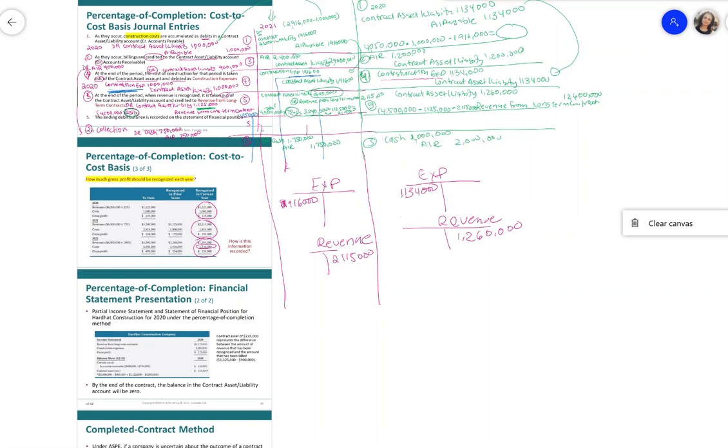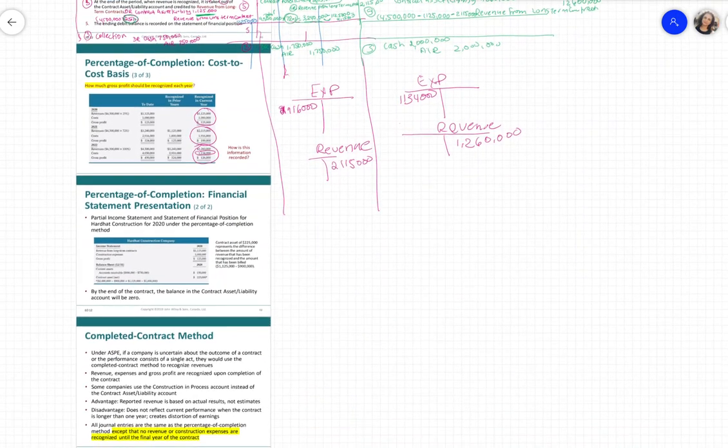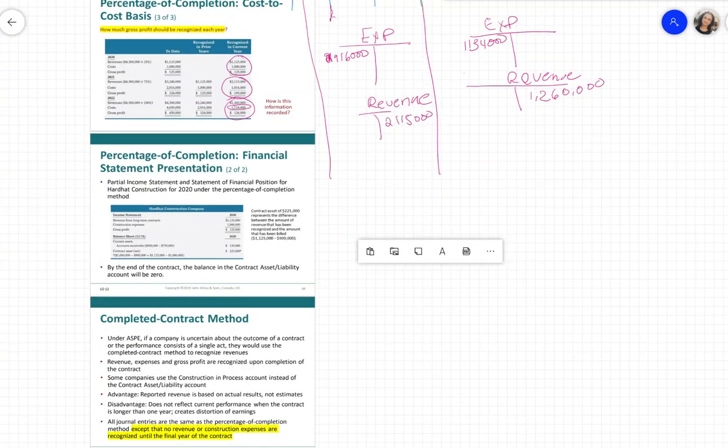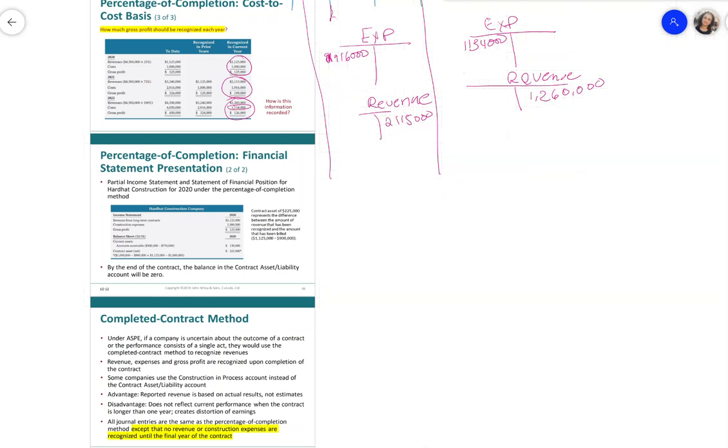If you do a T account for your construction asset account, it makes your life easier to post the numbers. For each year, they only showed you 2020, and we can do it for each year. So that's just the first method of recording if the company is for the long term.